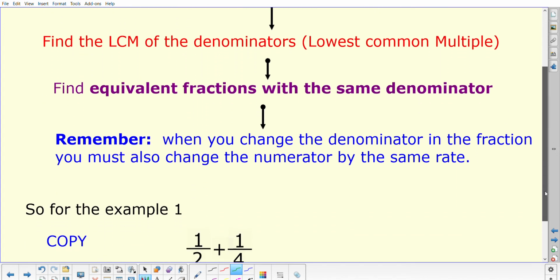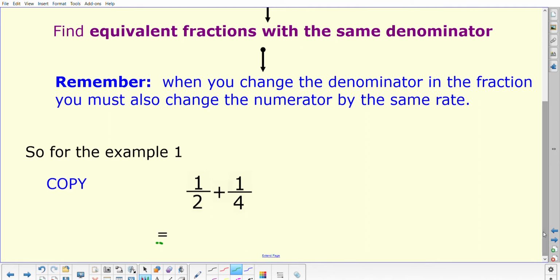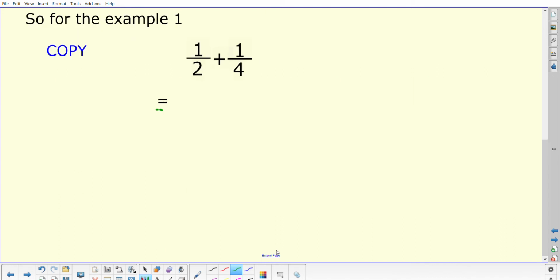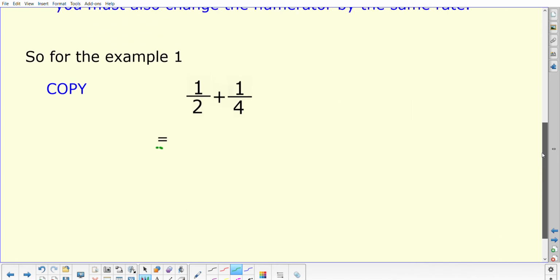And when you've changed your denominator, remember that your numerator needs to also change at the same rate. So if we think about the one we were just discussing, how do we get from a half plus a quarter to that answer? If we know the answer is 3/4, how can we get there?